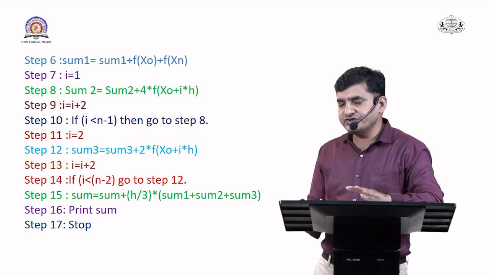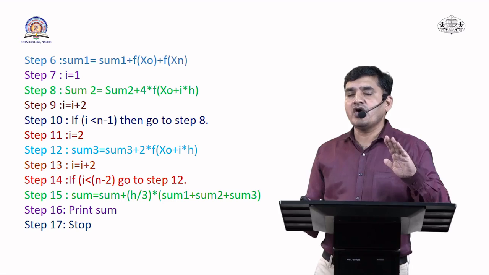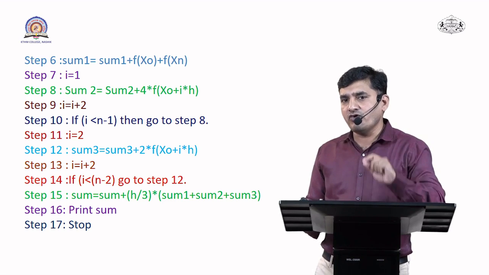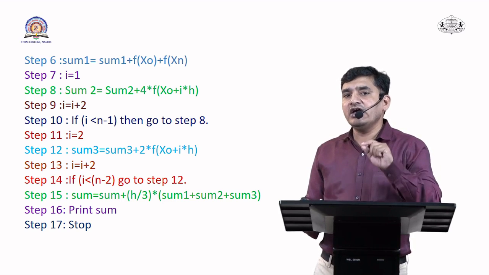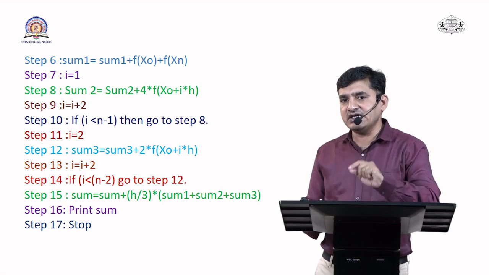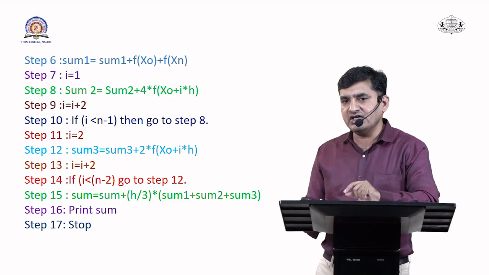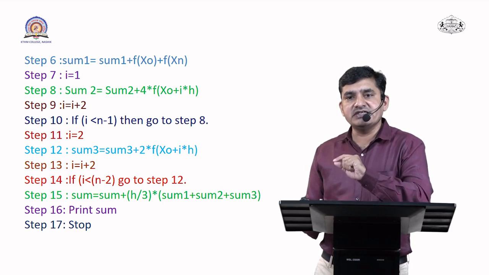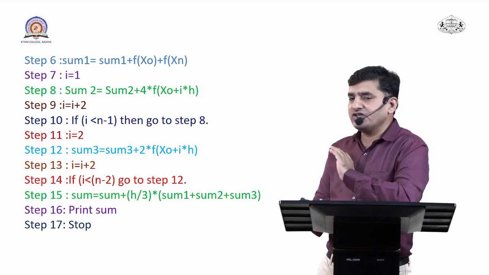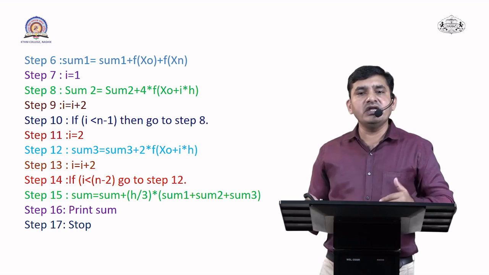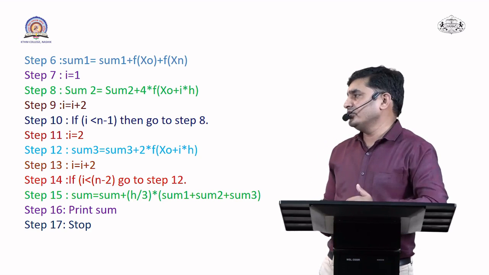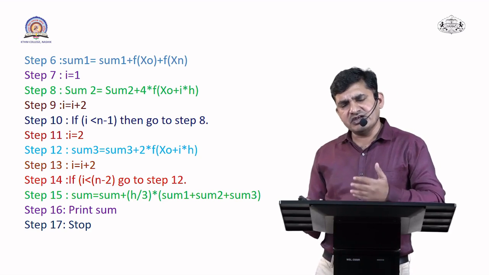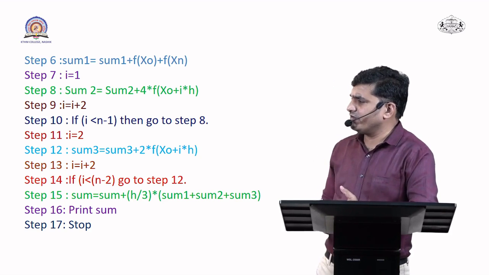Sum 2 means all odd terms, that is 4 into f of x1 plus f of x3 plus and so on up to f of xn minus 1. Sum 3 represents all even terms. Then print the sum and stop. Sum is our integration of the given function.